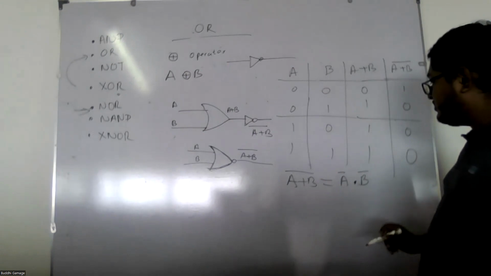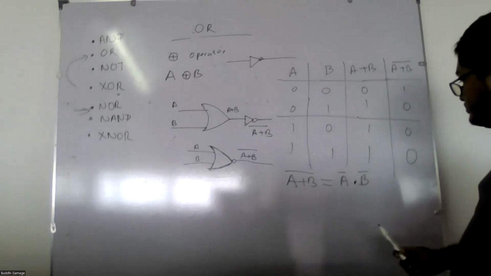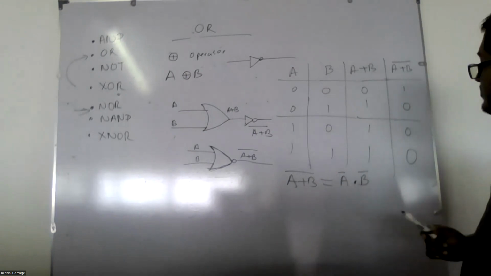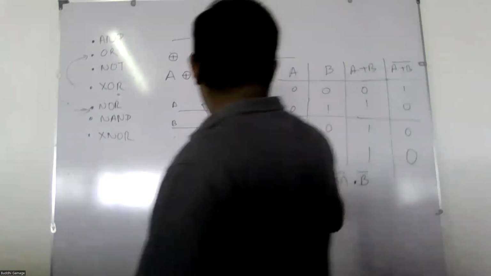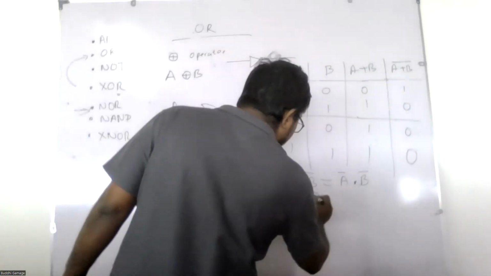So the NOT operation goes to each input, not to the whole thing, by using De Morgan's law.